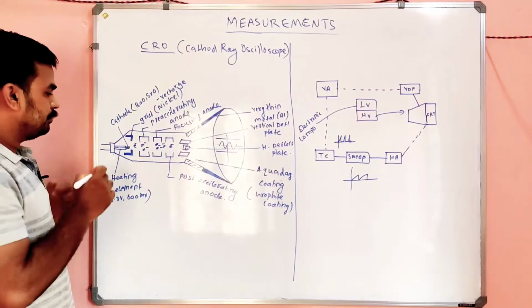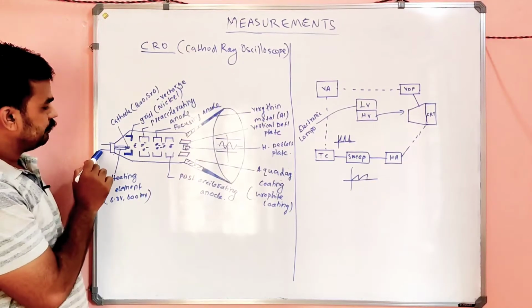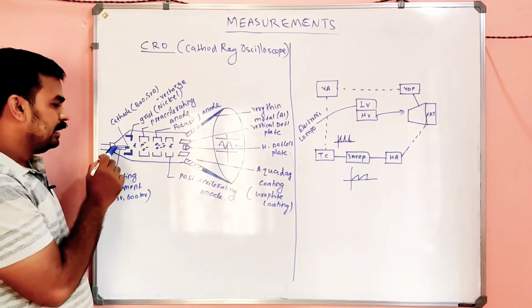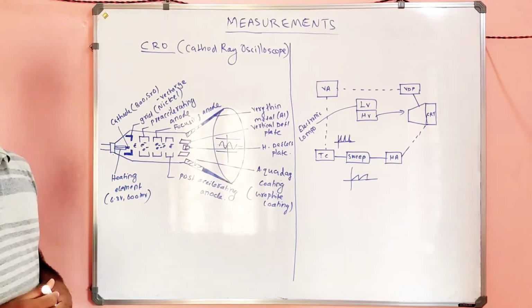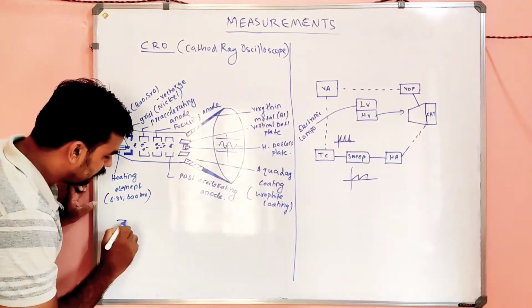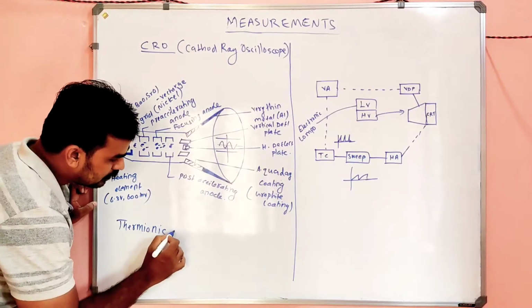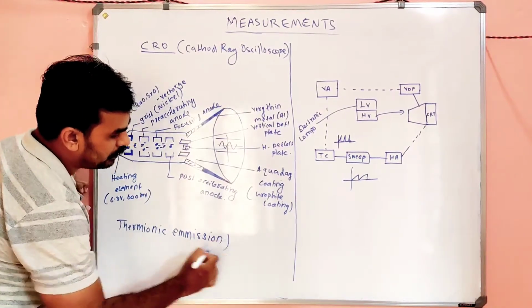Basically it consists of, let's start from this end, a heating element. The function of the heating element is to produce the electrons by the process called thermionic emission.